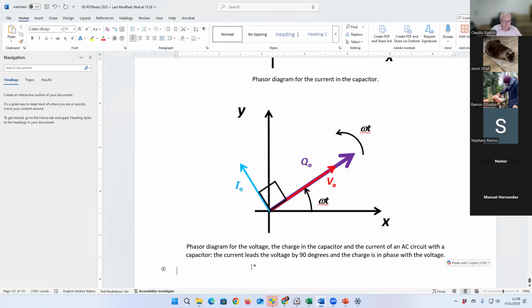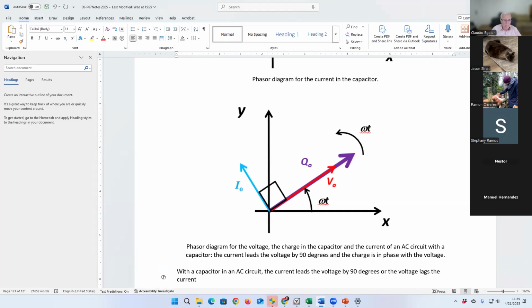With a capacitor in an AC circuit, the current leads the voltage by 90 degrees, or the voltage lags the current, right?